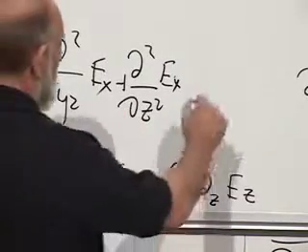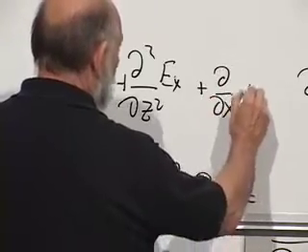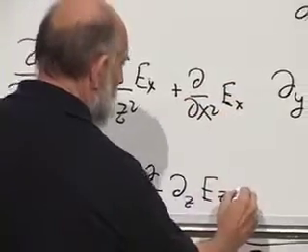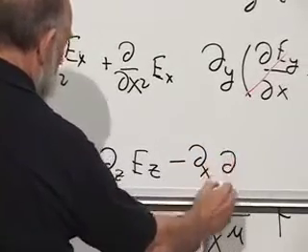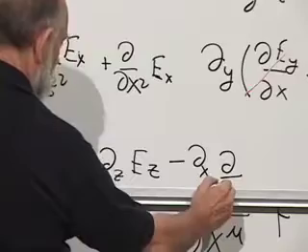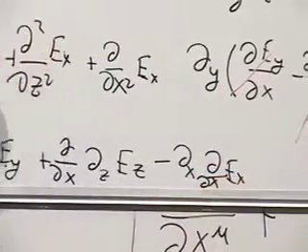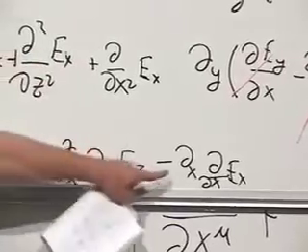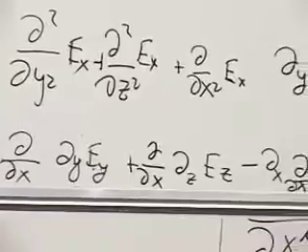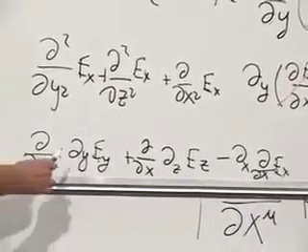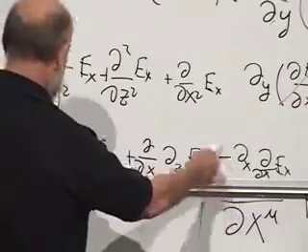So let's add d by dx squared Ex, and let's now subtract d by dx of d by dx of Ex. I have added and subtracted exactly the same thing. Now you should be able to see a pattern. First of all, we have dy Ey plus dz Ez.